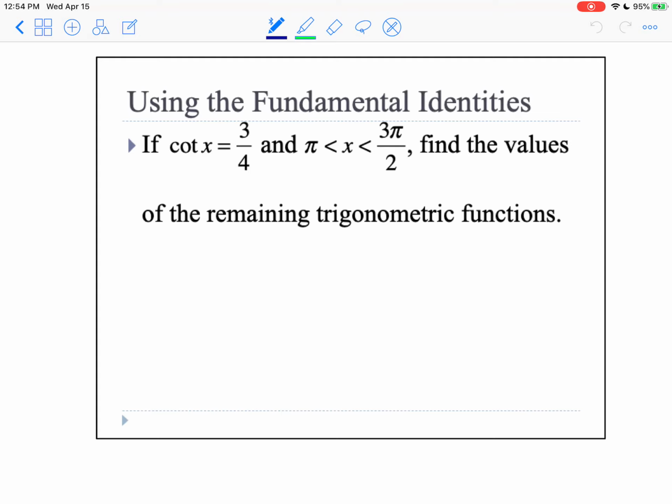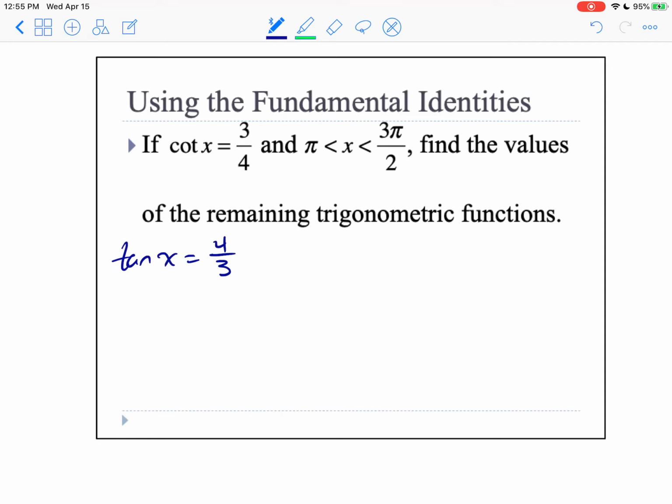So if cotan of x equals negative 3/4, and we're in the third quadrant again, find the values of the remaining trigonometric functions. Okay, so the easiest to start with is I know that cotan is 1 over tangent, so that means that tan of x is equal to 4 over 3. It's just the reciprocal.